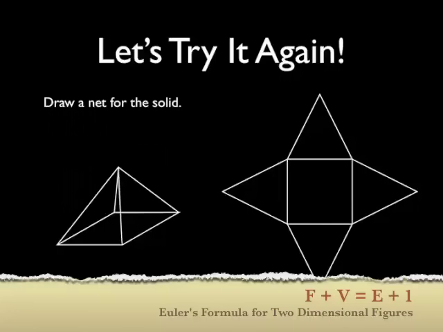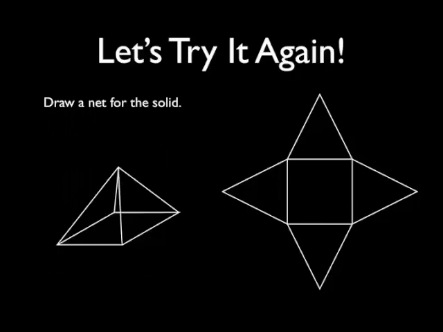And you'll notice that we have 4 triangles here. Each triangle has 3 sides, so that's 12 edges plus 1. 5 plus 8 is 13, and 12 plus 1 is 13. Again, that's just something that you can use to make sure that you have included everything in your net.